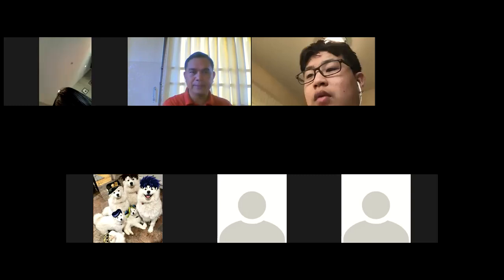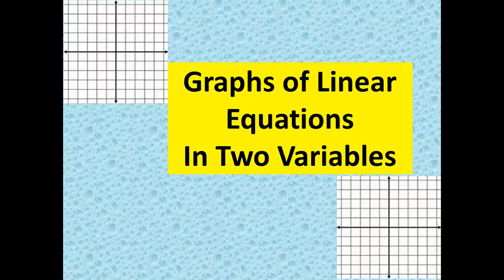Now we know that in a graph, we have the values of our x and y, the ordered pair. Just remember that in this quadrant, your x and y are all positive: positive for x, positive for y.